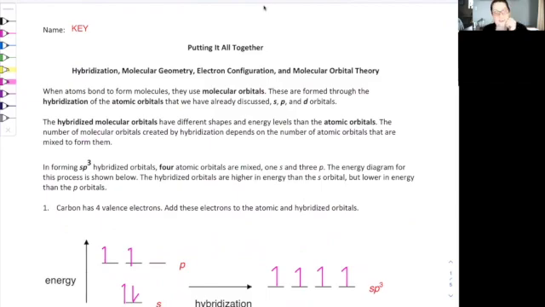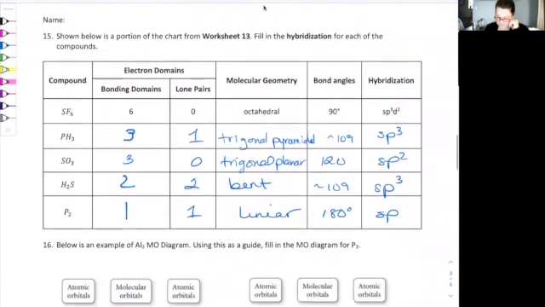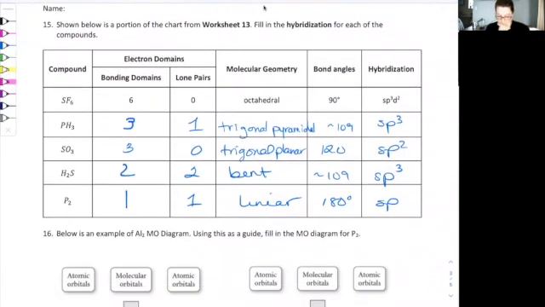For 15, the chart, I was just noticing one thing. You had 1 bonding domain and 1 lone pair. Oh wait, never mind. I had a different hybridization. I did that incorrectly. That was my fault. Okay, you're good? Yes. Okay, great.